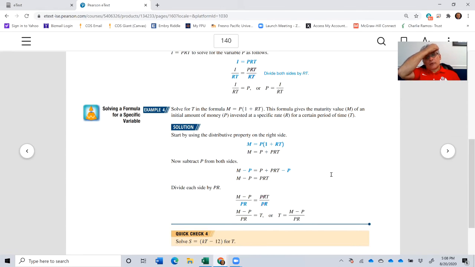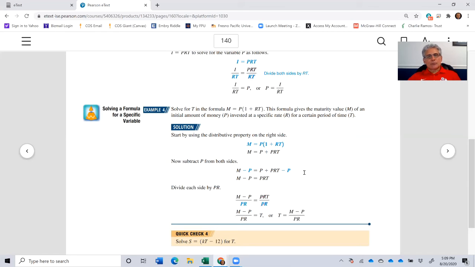Now, moving our P over from the right side to the left side means that we'll have all the multiplications on one side. That means we could subtract P from both sides, so P minus P just disappears and you're left with PRT. So PRT remains.